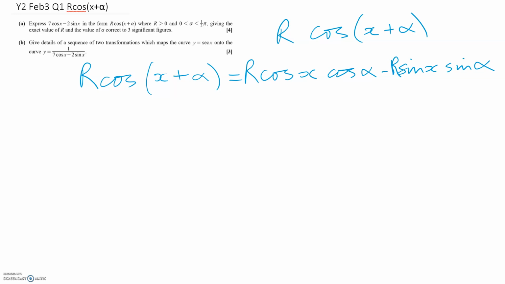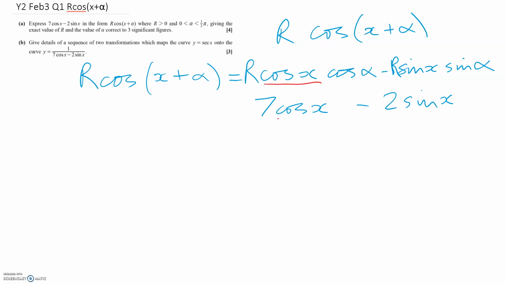In this question, we've got 7 cos x minus 2 sin x. So just try and match these up now.